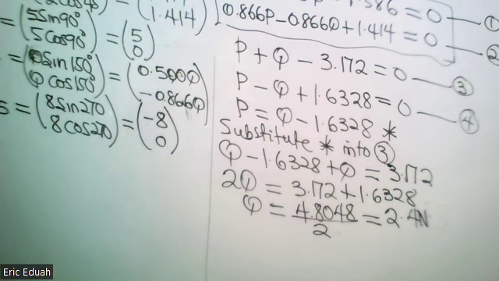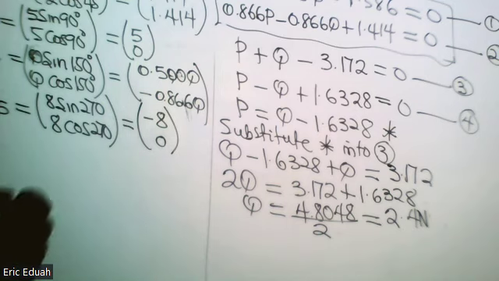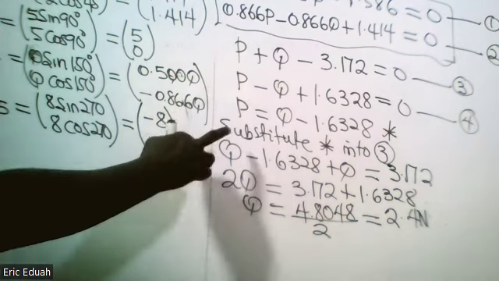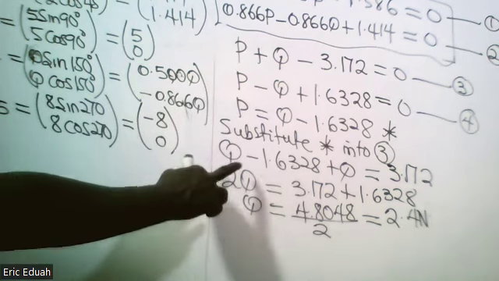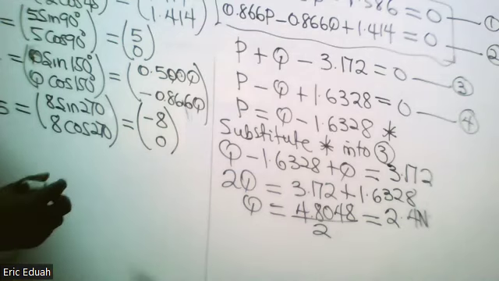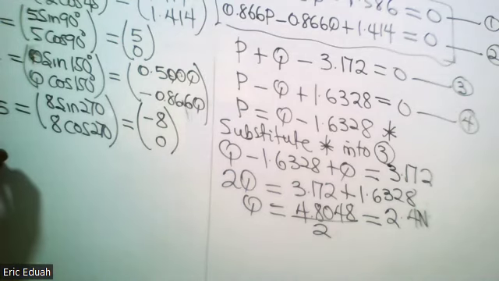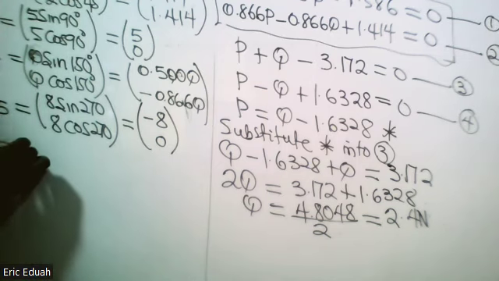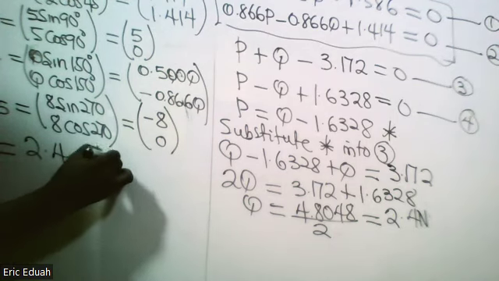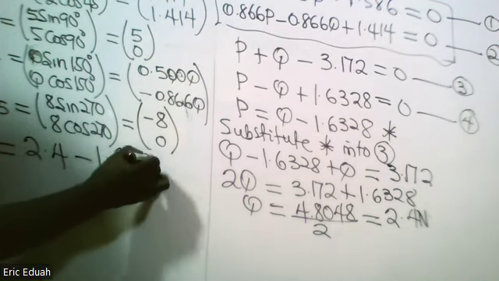Okay, so for two significant figures, let's go through together. Once I have Q, I can use either equation 3 or 4. So when I use equation 4, I have P equal to Q, which is 2.4, minus 1.6328.